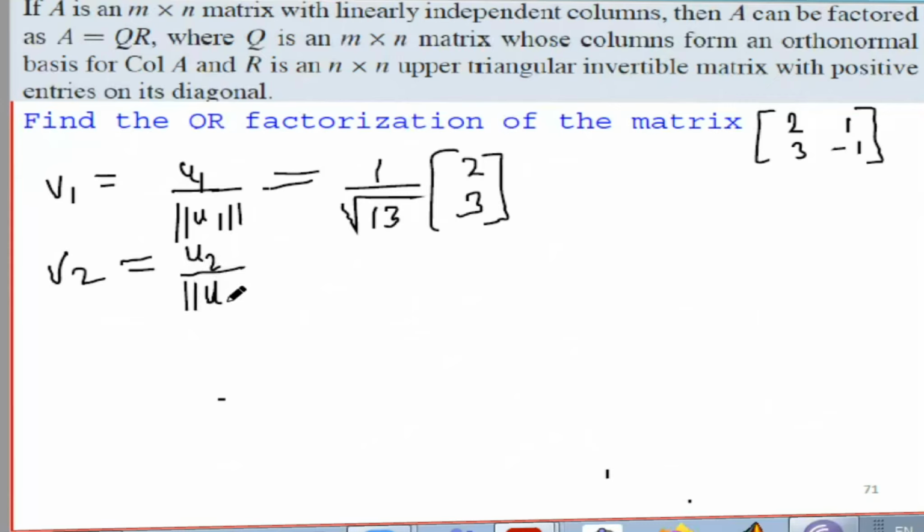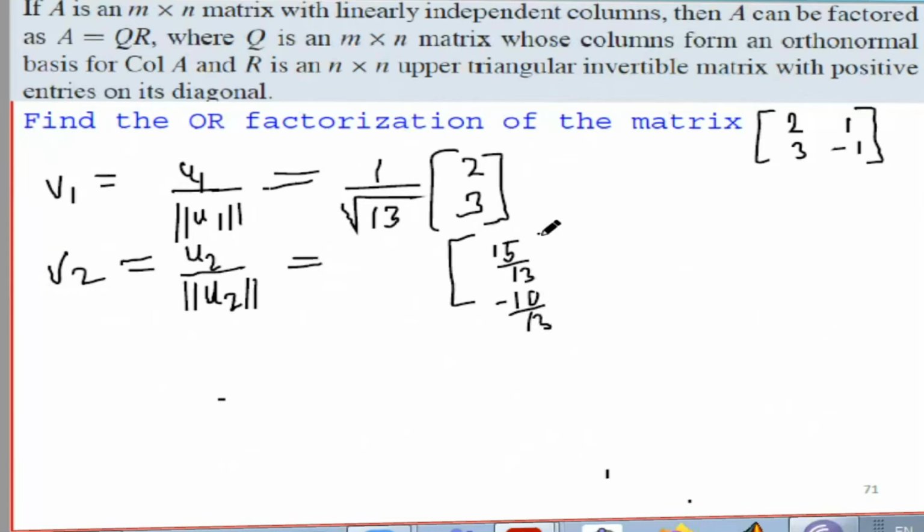The orthonormal vectors are constructed from the orthogonal vectors. u1 and u2 are orthogonal, and here V1 and V2 are orthonormal. Here u2 is (15 by 13, -10 by 13).